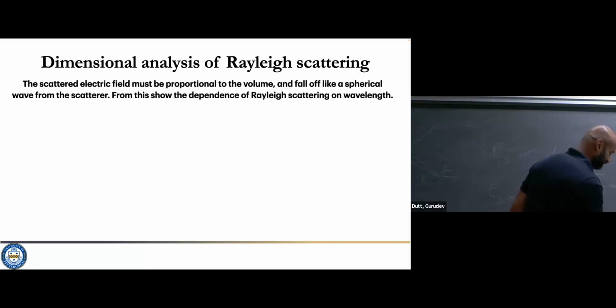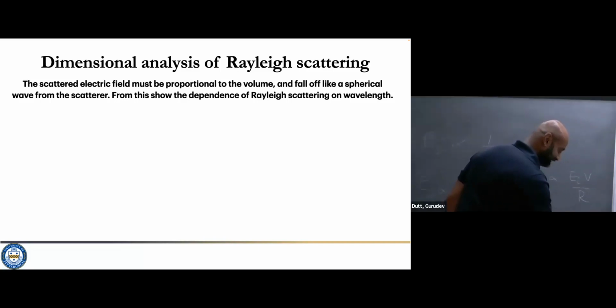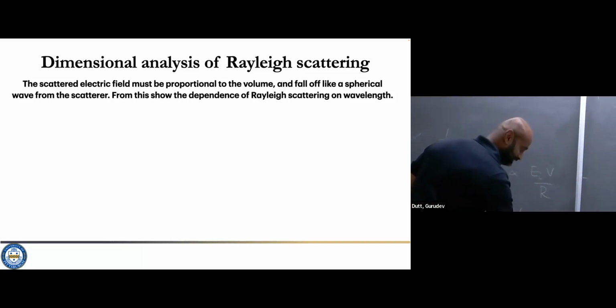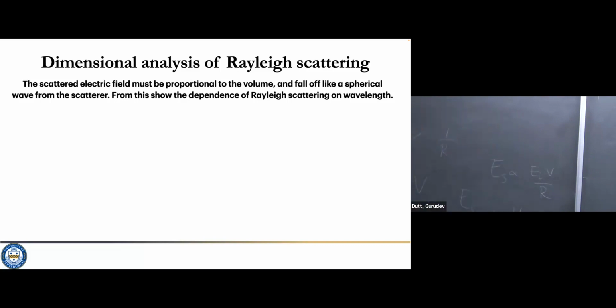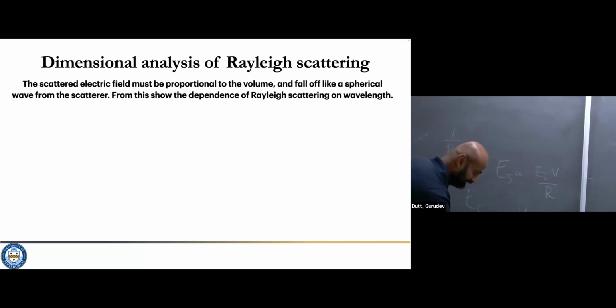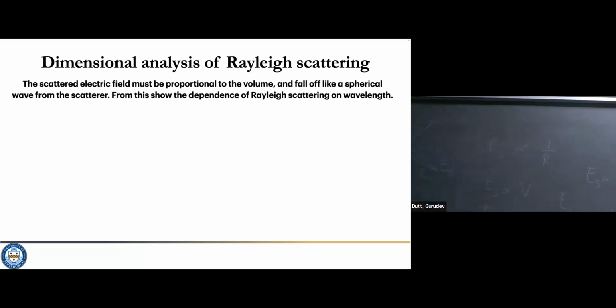So if we write the dimensional equation as L cubed, this is going to go as L, right? So the proportionality constant must have dimensions of what?